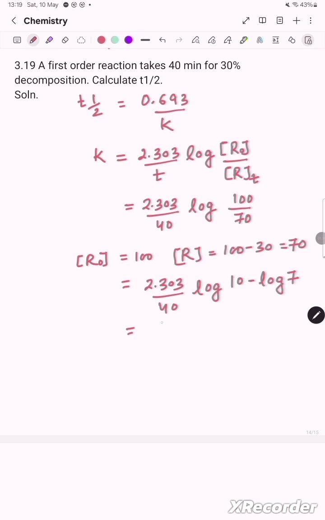So here 2.303 upon 40, log 10 value is 1 and log 7 value is 0.845. So that will become 0.155. So after calculating, K is equal to 0.00892 per minute.